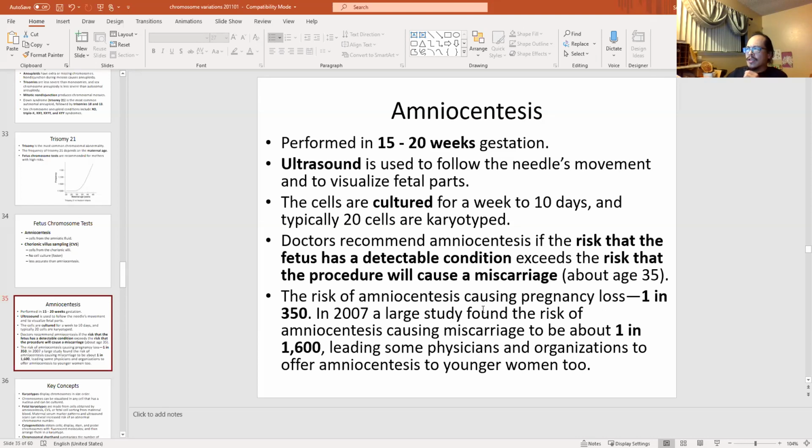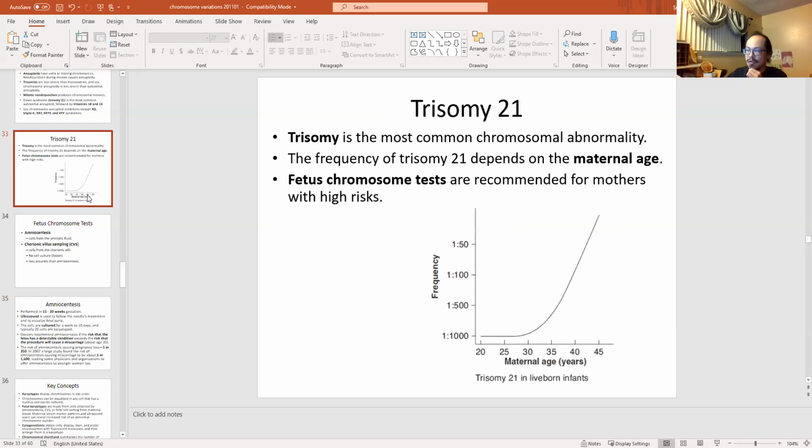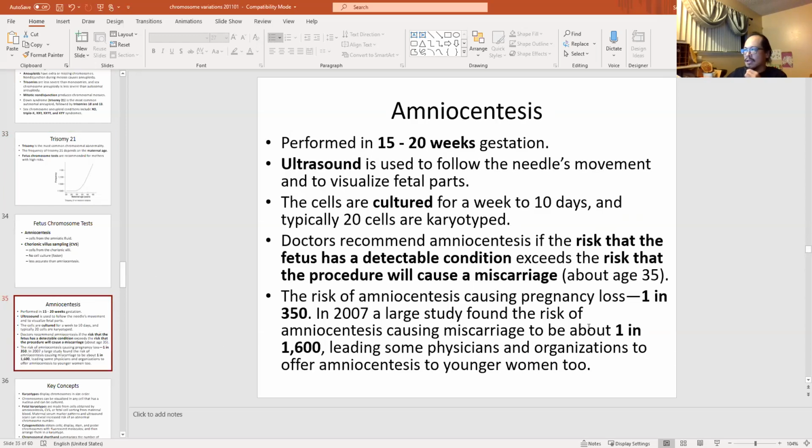The earlier data is that the risk of causing miscarriage by amniocentesis is 1 in 350. So get the number first. Remember the number, 1 in 350. So let's look into trisomy 21. This is the risk of causing the miscarriage by this technique.